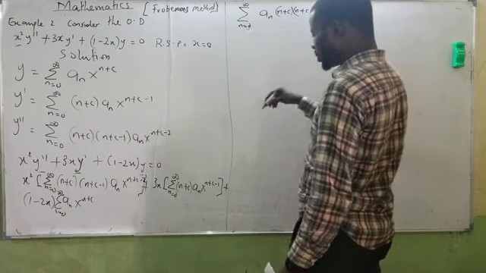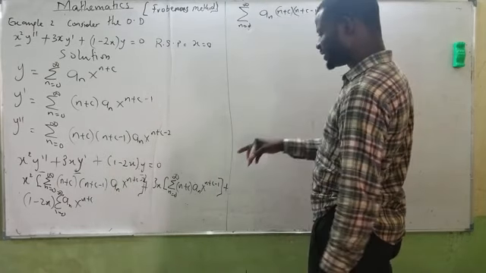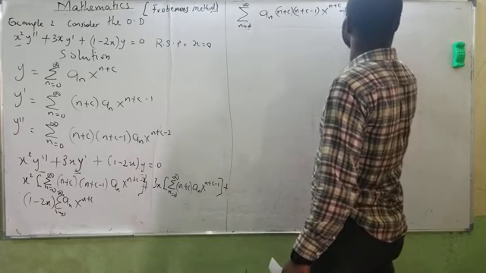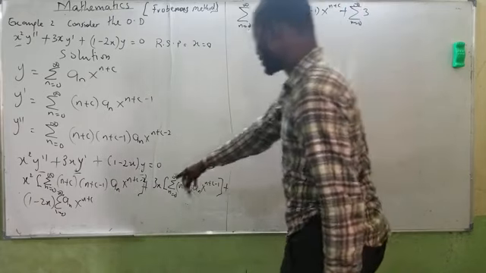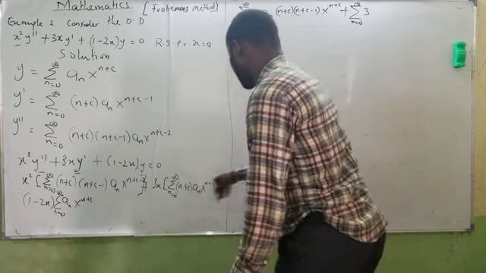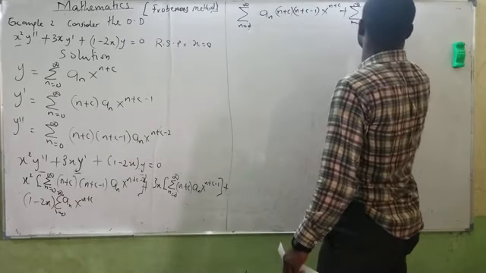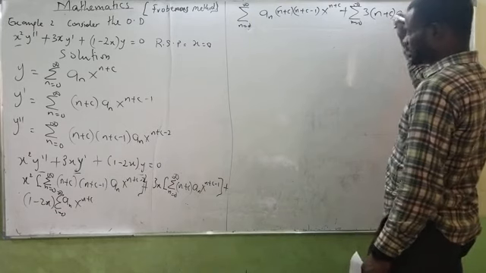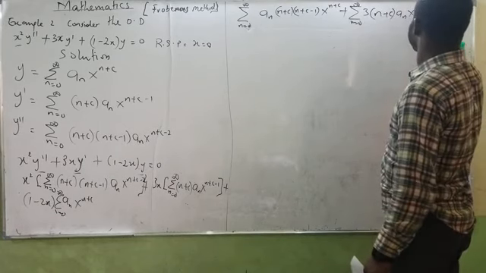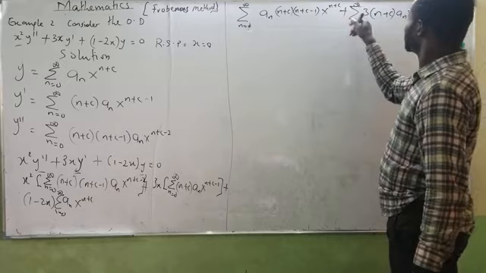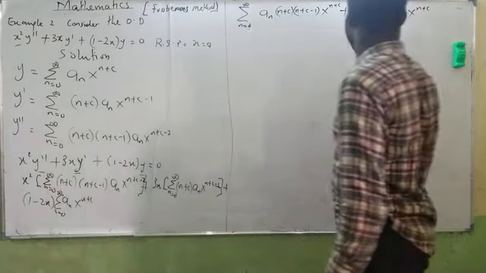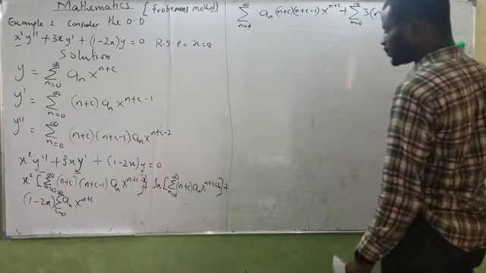Plus this one, I'll have 3 times the sum from 0 to infinity of (n+c) a_n x^(n+c). Yes, that x will cancel it.